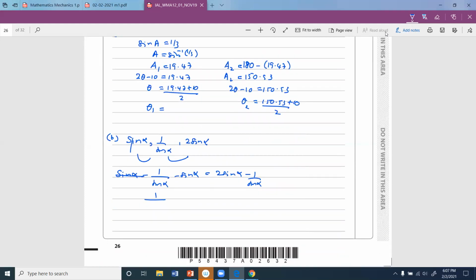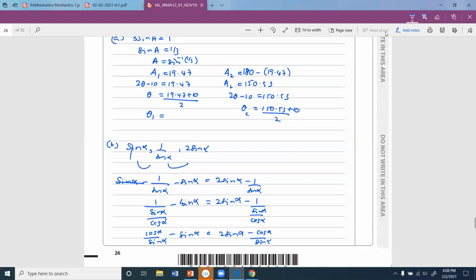Therefore, I write tan alpha as sine alpha over cos alpha: cos alpha over sine alpha minus sine alpha equals 2 sine alpha minus cos alpha over sine alpha.